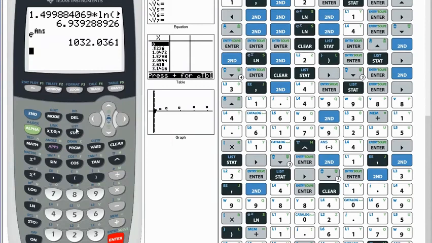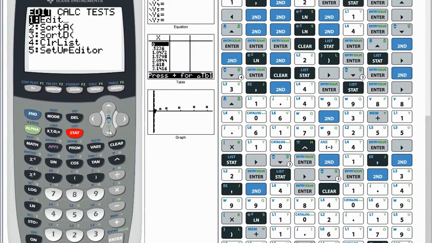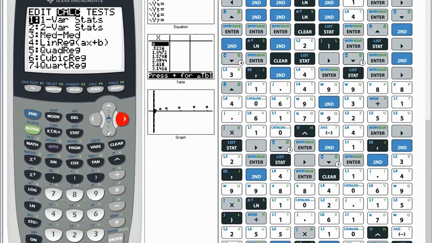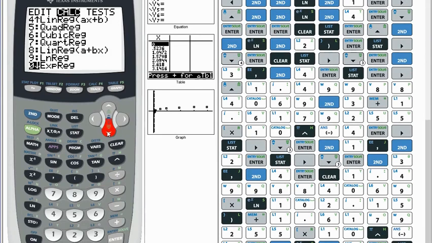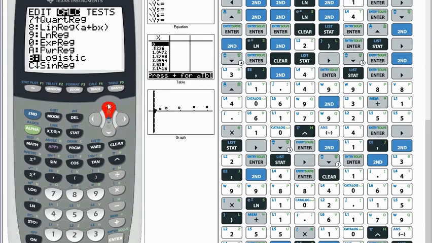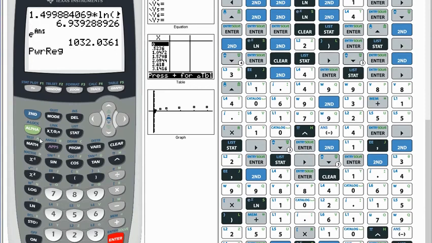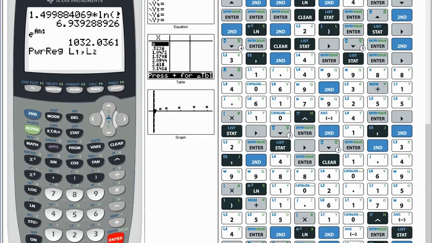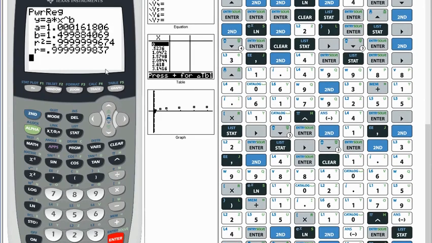What's interesting is that there are a couple of functions I mentioned. If you were in a situation where you really didn't know what to do, there is exponential regression and power regression in your calculator. A power regression is where the calculator knows it needs to do a log on both the x and the y variable. It rewrites the equation in base notation, so the equation is present in the real world.